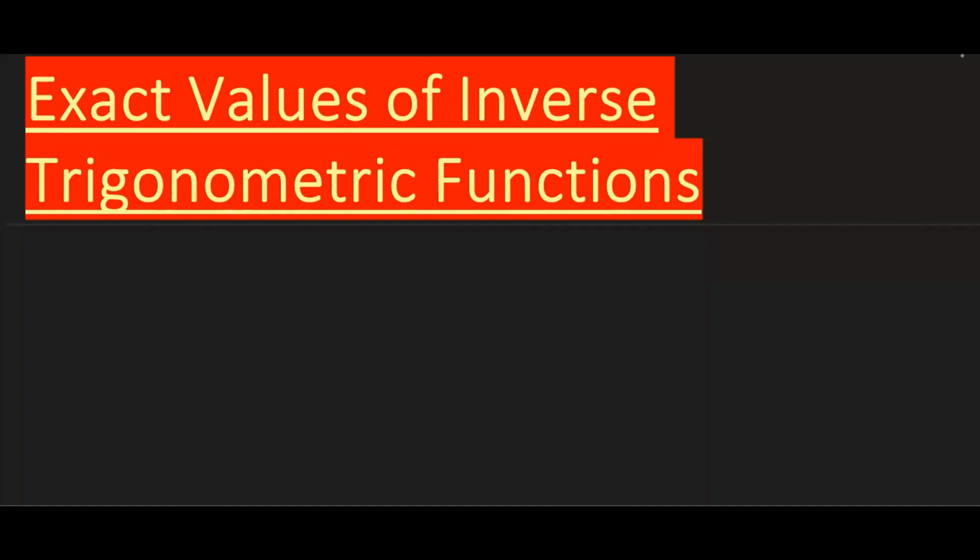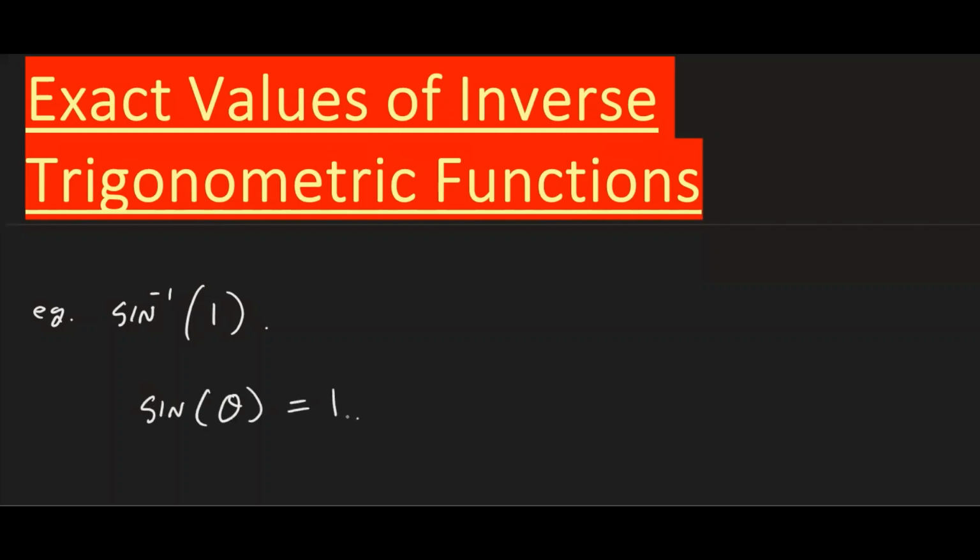Okay, so in this video, we're going to talk about how to find the exact value of an inverse trigonometric function. Say we're asked to find the exact value of sine inverse of 1. We ask ourselves, what is the angle whose sine gives us 1?